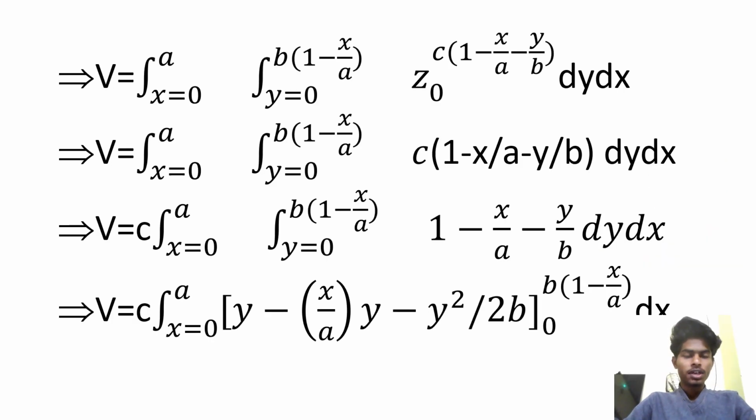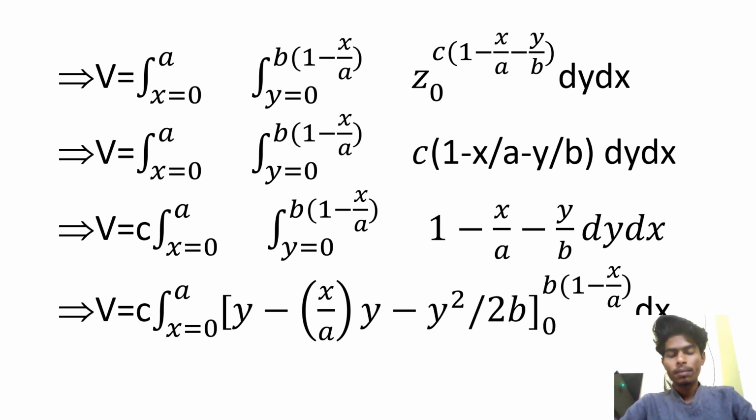Now we will see V equals the integration of x equals 0 to a, integration of y equals 0 to b into 1 minus x by a. Here we don't see the integration with respect to z, because in the previous slide we already integrated with respect to dz. We got z with its upper limit and lower limit.